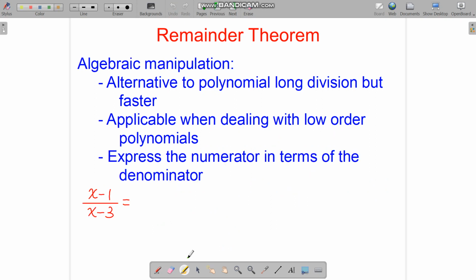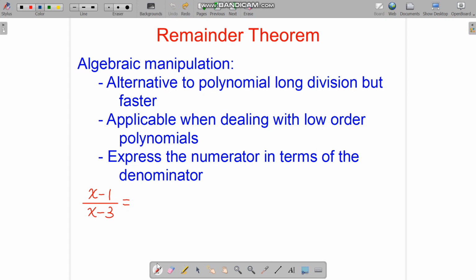Algebraic manipulation is an alternative to polynomial long division but faster, applicable when dealing with low order polynomials, so we can only use it for the easy divisions. Express the numerator in terms of the denominator. This is the key here. We somehow manipulate the numerator so that it is in terms of the denominator.